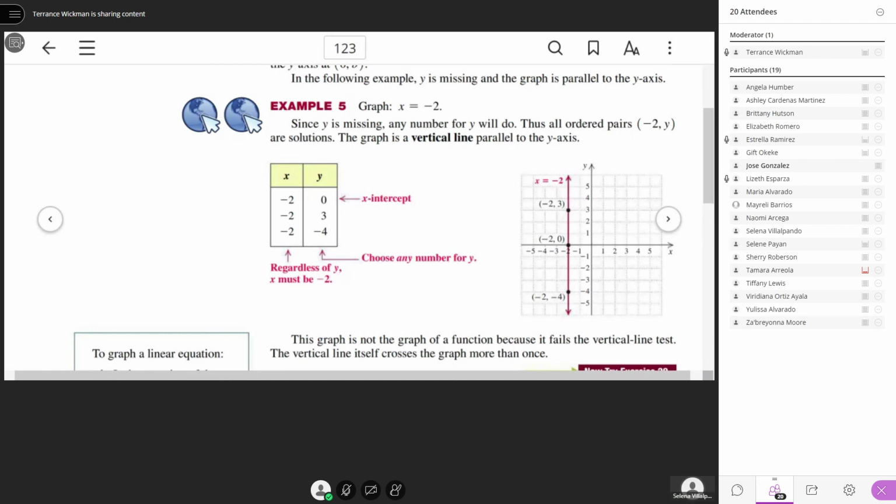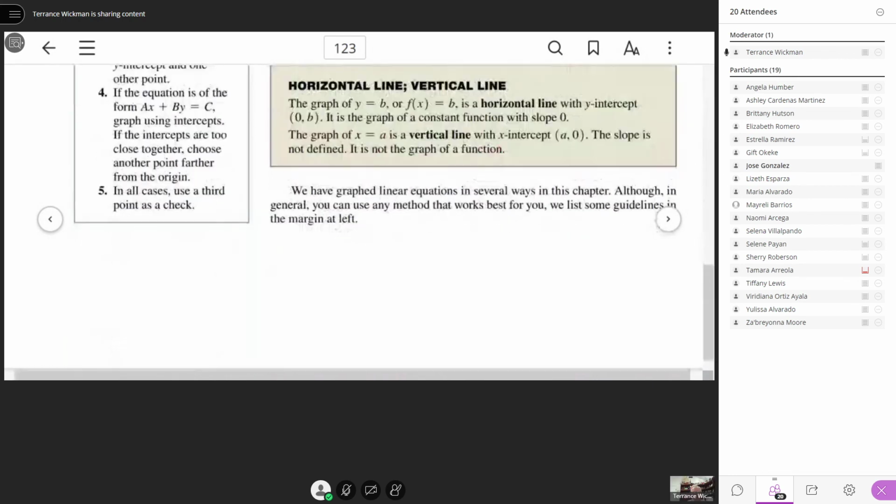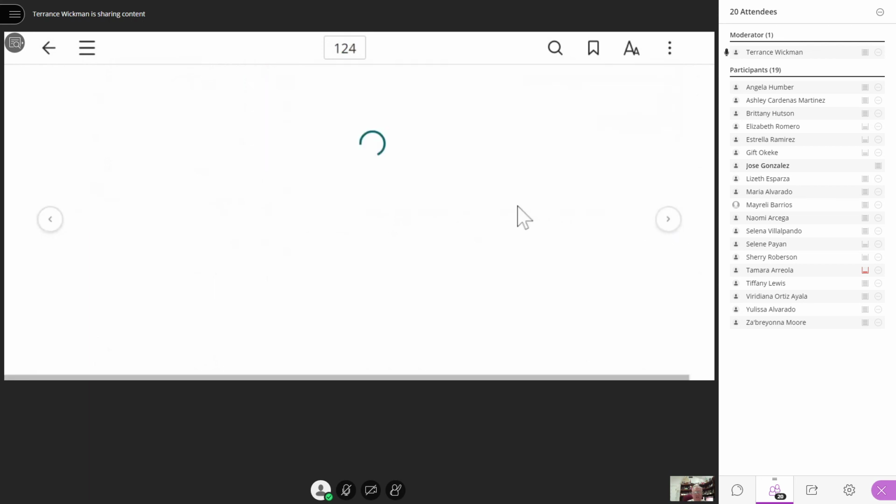What is the slope of a vertical line? 0? Nope. Close. It's undefined. A horizontal line is 0. Horizontal line, slope 0. Vertical line, the slope is not defined. There it is in your little box. It's just like you put a level on a piece of wood to see if it's level. If it hits the 0, that's what it is.